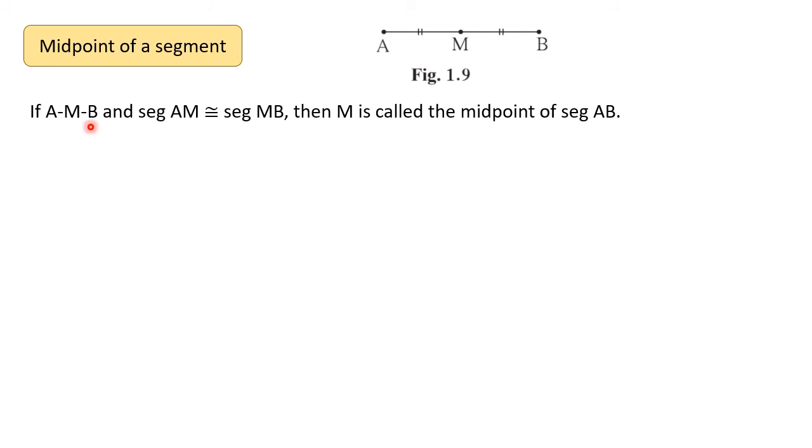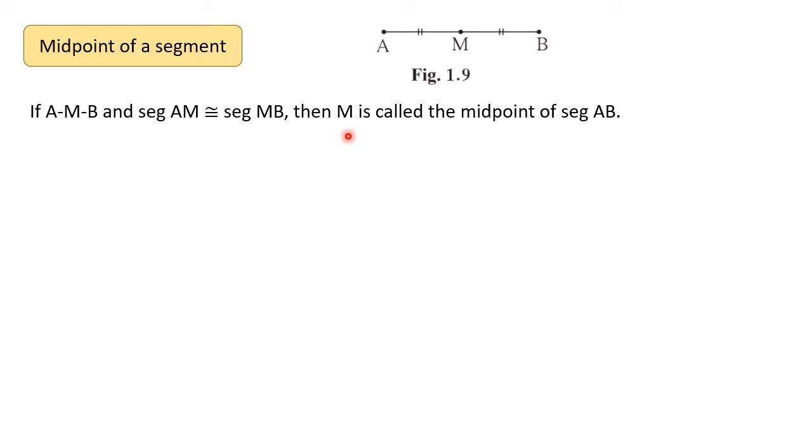So if A-M-B, that means what? If all the 3 points are collinear and if M is between A and B, and the condition of midpoint is that segment AM should be congruent to segment MB. That means what? If AM is 2 centimeter, MB should also be 2 centimeter.